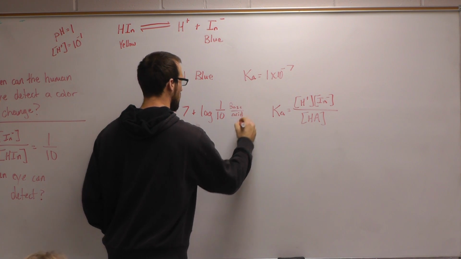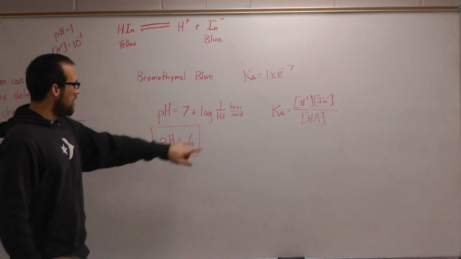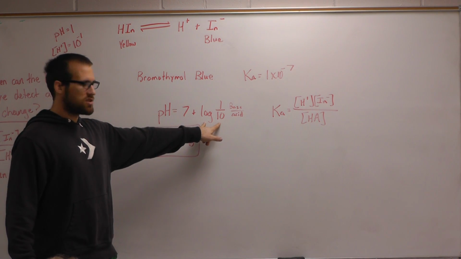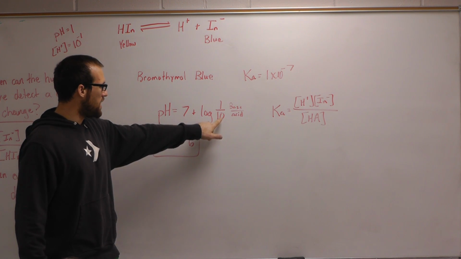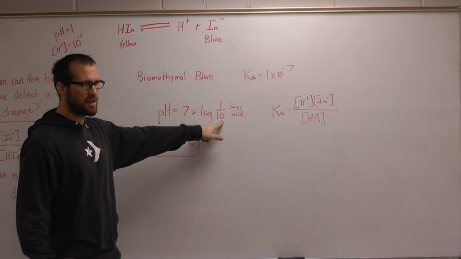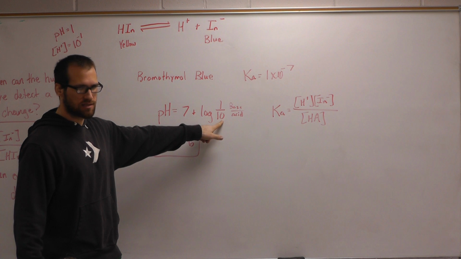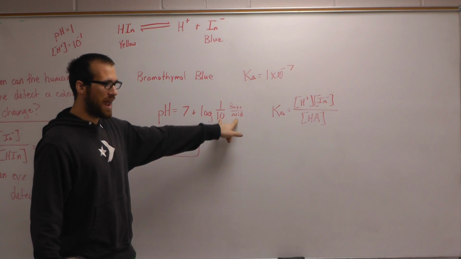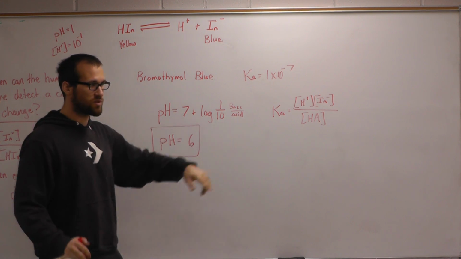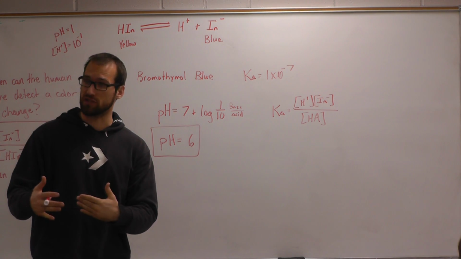Now, in this situation, when you have a 1 to 10 ratio, are we titrating an acid or are we titrating a base that will give us this? We have more acid, and we're going to see a color change when some of the base starts to become noticeable.